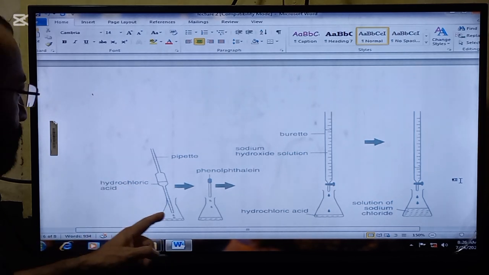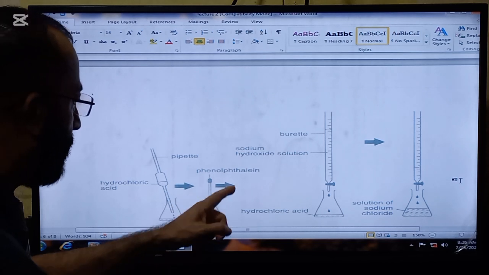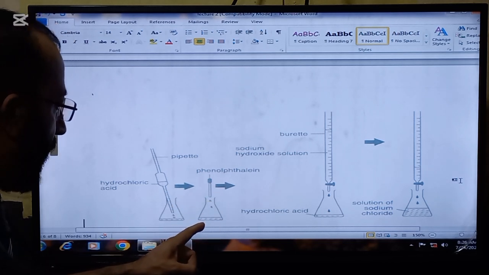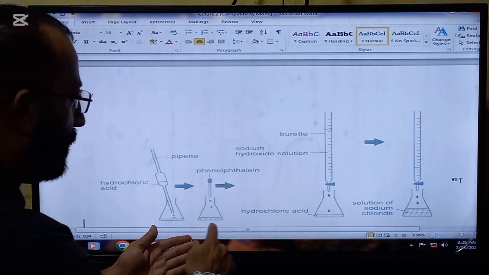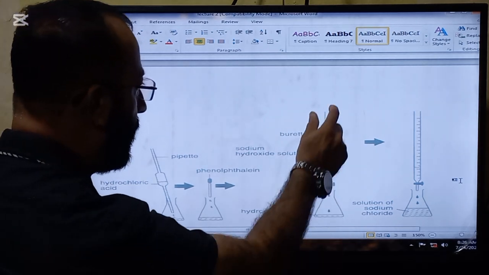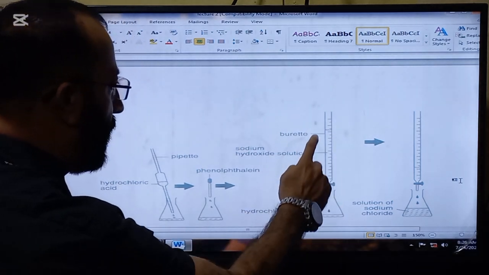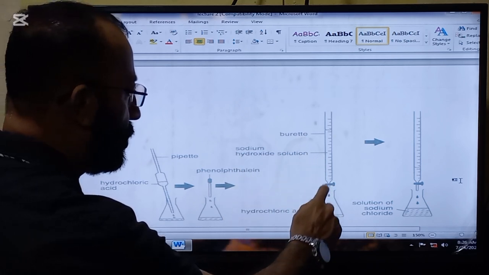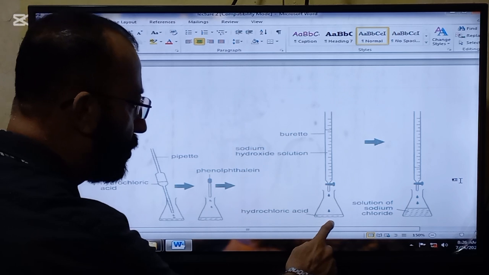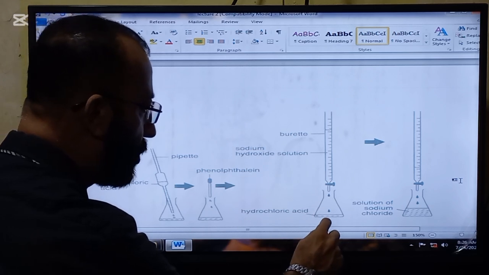Then we will put 2-3 drops of phenolphthalein into the dilute HCl in the conical flask. Then the conical flask will be put under the burette, and from there the sodium hydroxide solution will be dropped into the solution drop by drop.